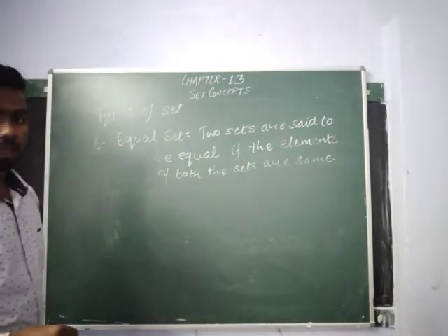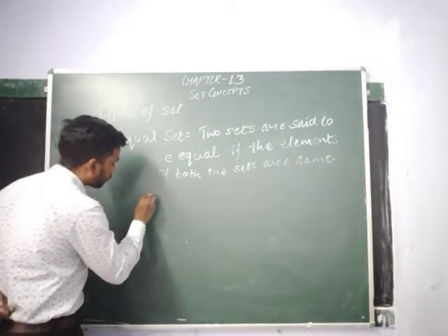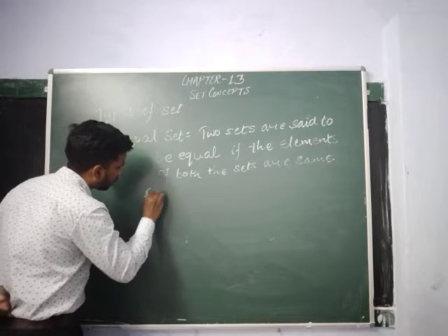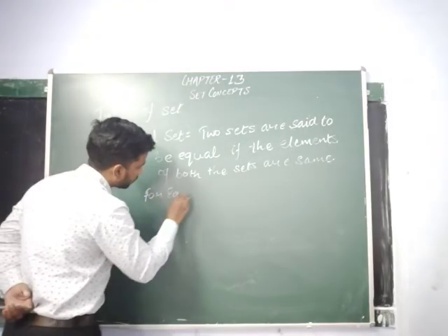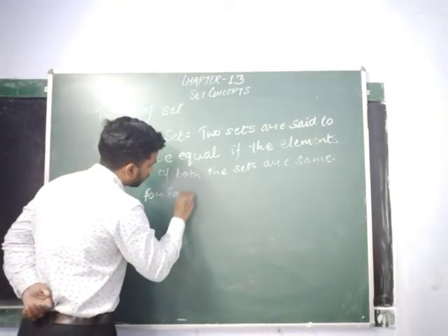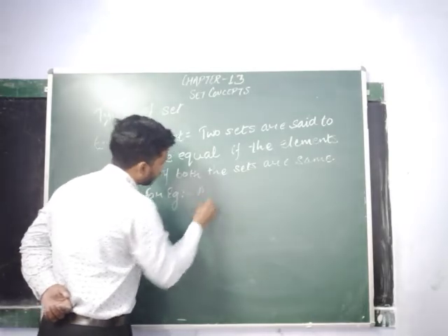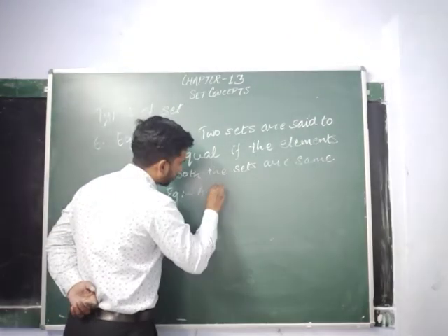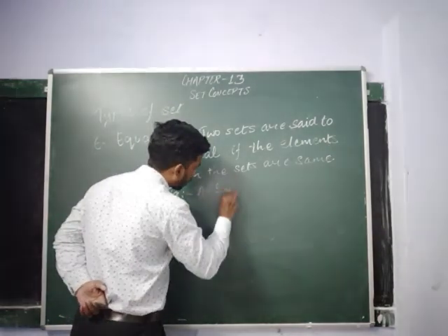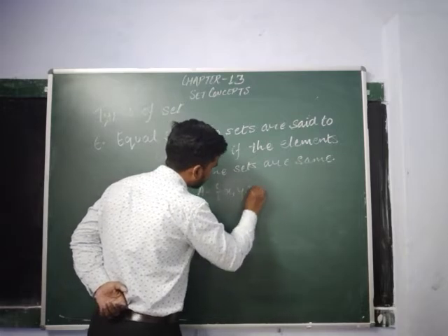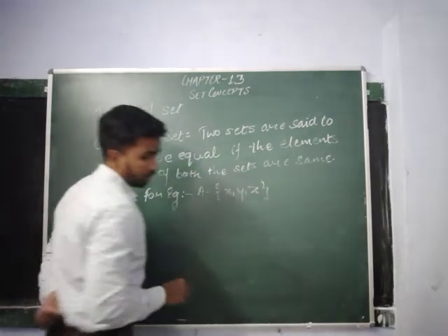Clear? Now let's see an example. For example, set A is X, Y and Z. Okay?